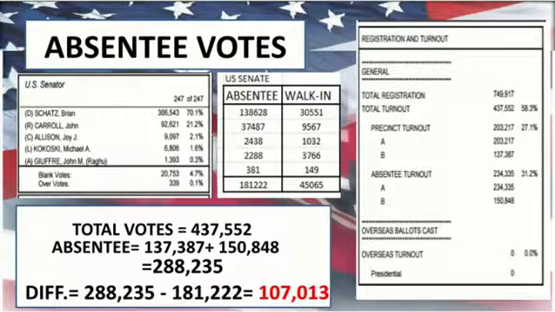You subtract that from the absentee votes that's given, there's a difference of 107,013 absentee votes in the Senate race. How can that be? It just does not make sense.